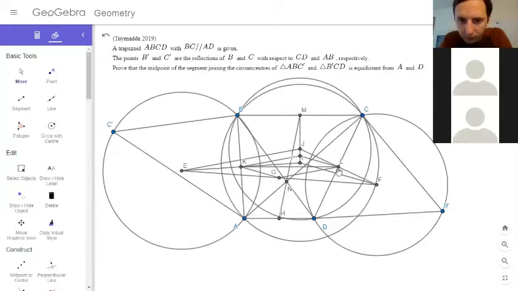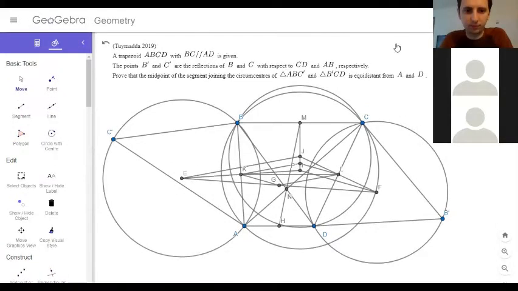But yes, I can prove KI parallel to GL, because if you see triangle IEJ, K and L are the midpoints, and of course KI is parallel to EJ.